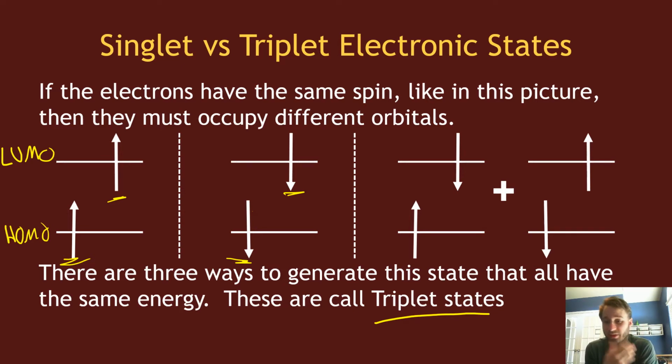And so transitioning between these states can be difficult for atoms or molecules unless you have heavy atoms, okay? Your heavy transition metals or actinides or things like that. Heavier elements are able to flip these spins easily, but typical organic molecules can't do so.